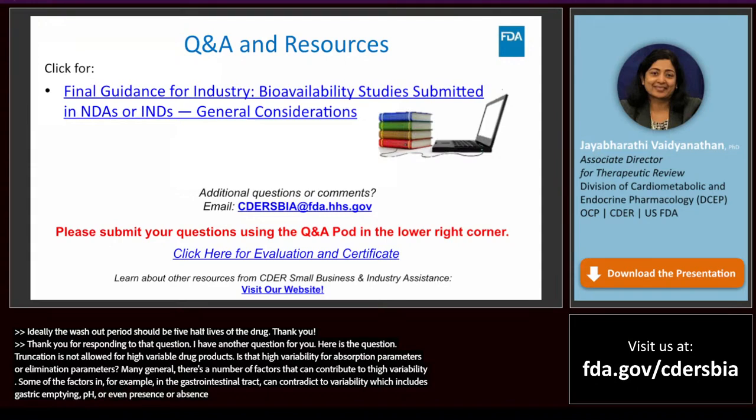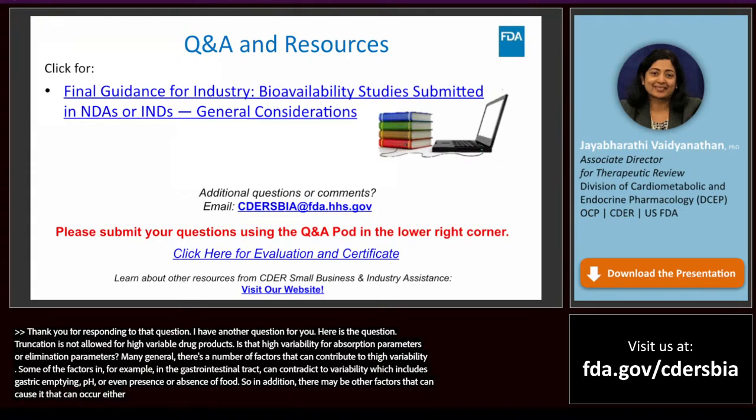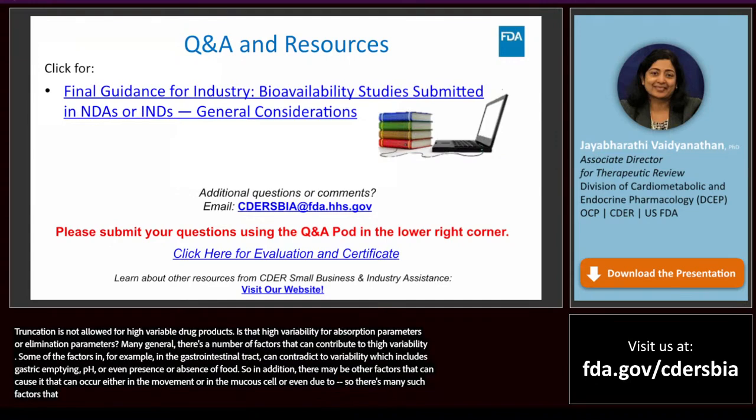In addition, there may be other factors that can cause high variability, for example, extensive pre-systemic metabolism that can occur either in the lumen of the GI tract or in the intestinal cell mucosa, or even due to hepatic first pass. So there are many such factors that can influence the PK of the drug substance. Thank you.